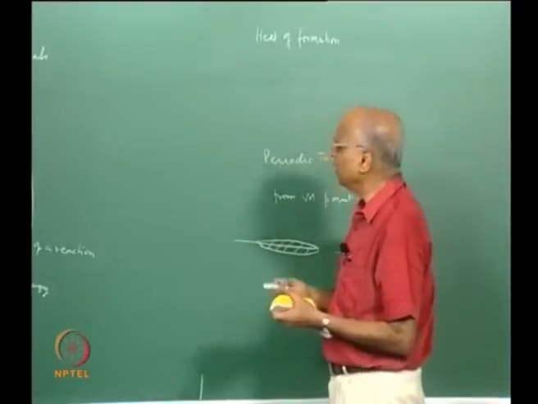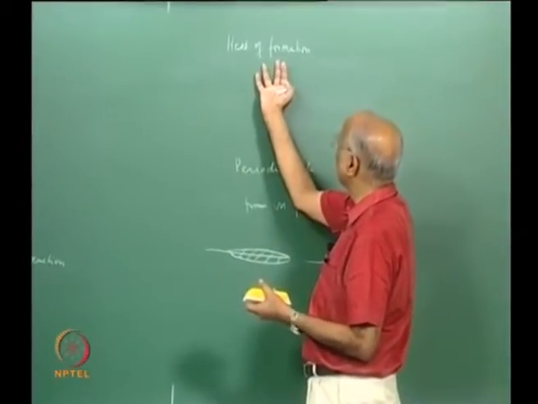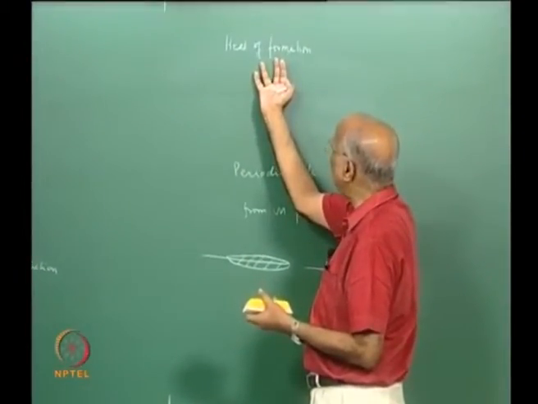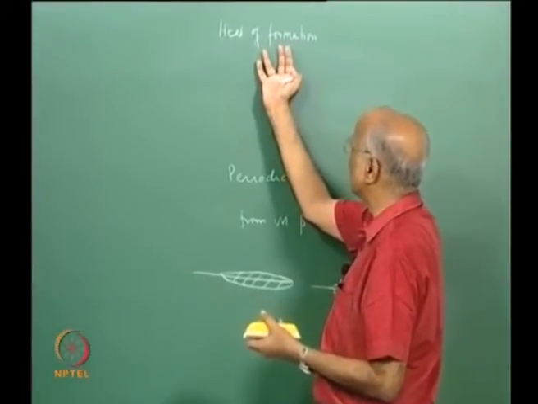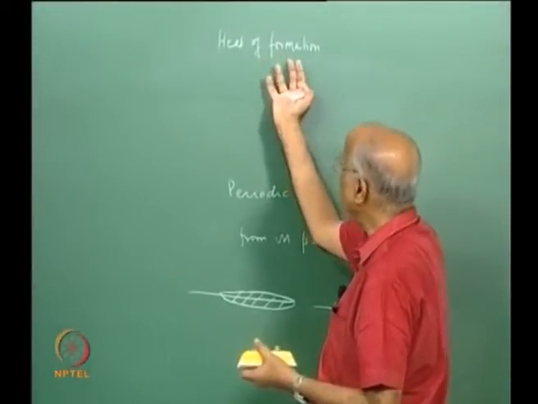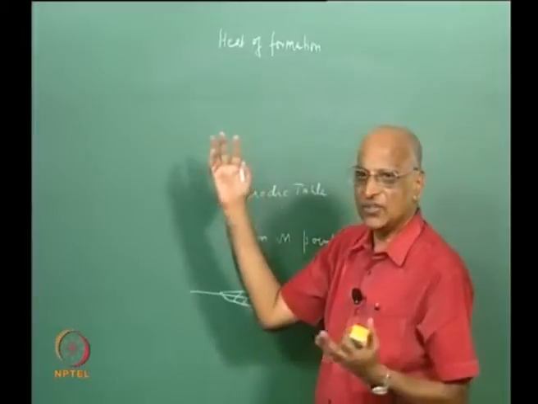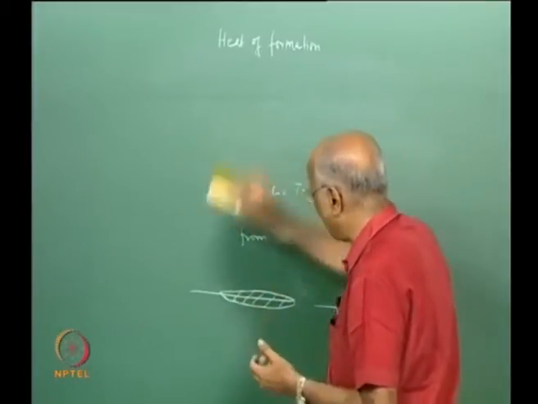And how is it defined? The heat of formation is the heat required to form a substance, any substance at standard state, from its elements again at standard state. Let us put it down together.